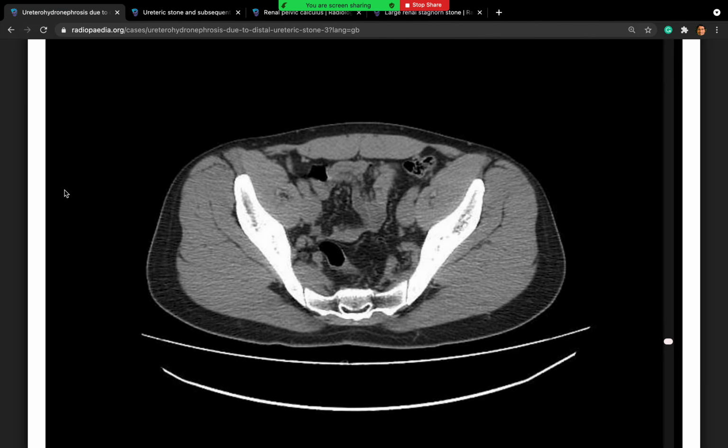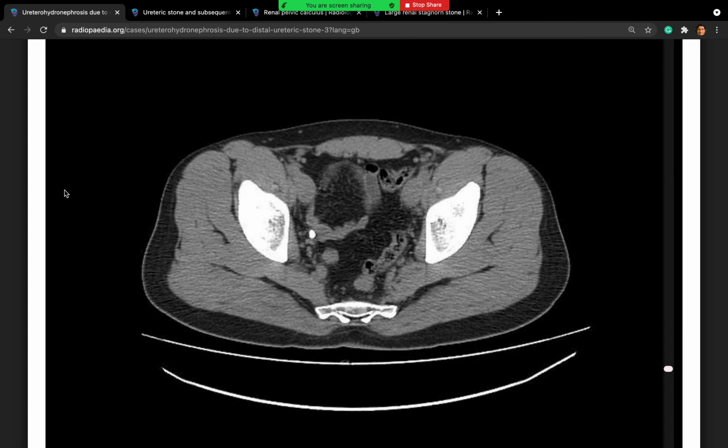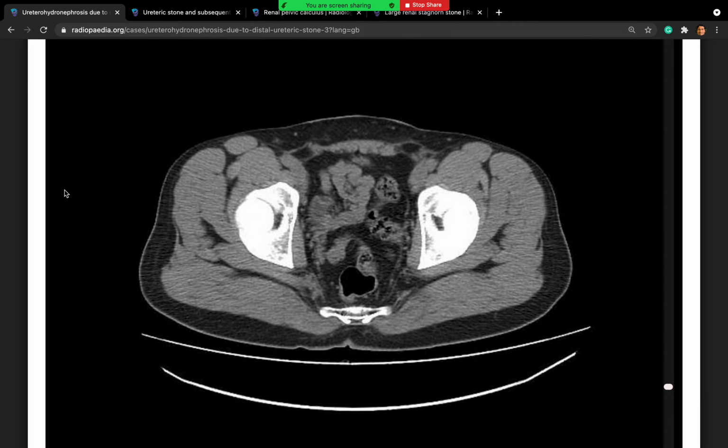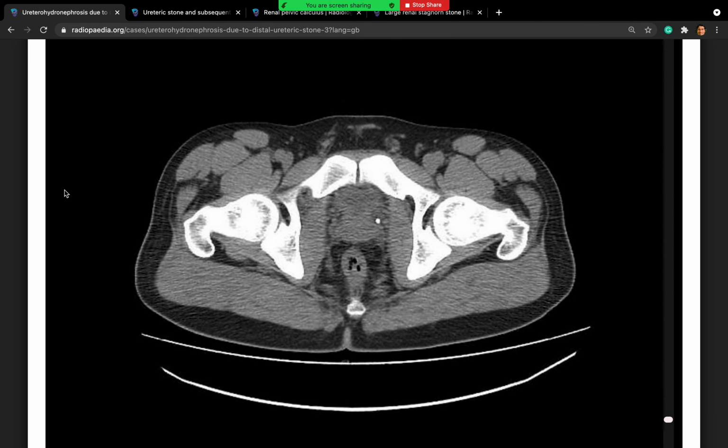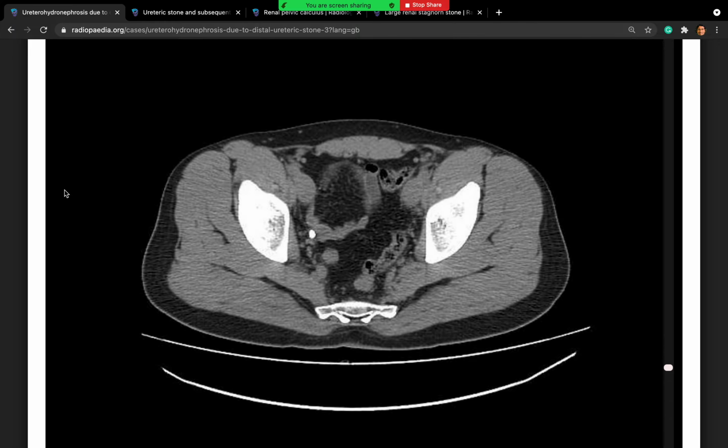I cannot see any. Yes, so there is a small, probably 6 millimeter stone in the distal right ureter. Yeah, so there is a small distal right ureteric stone.